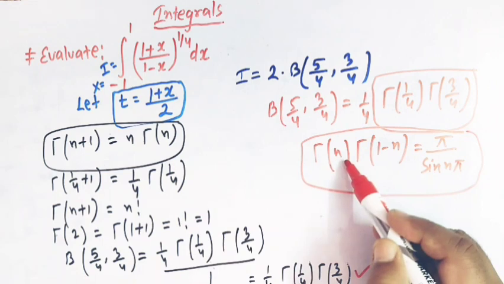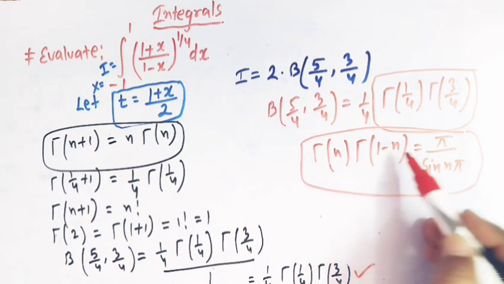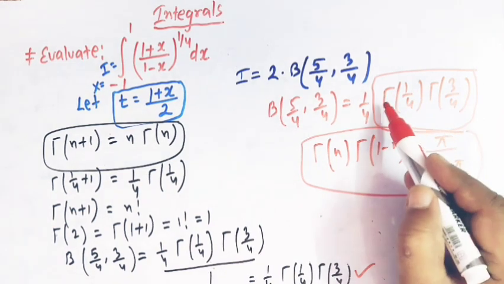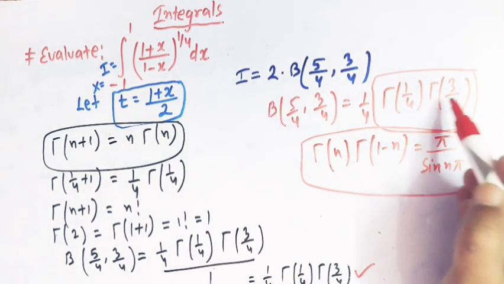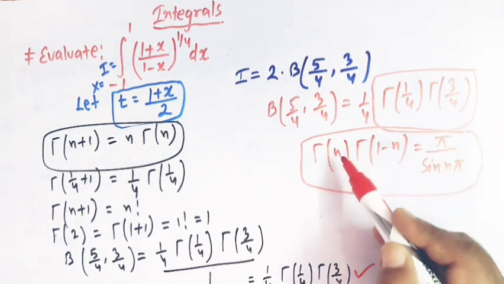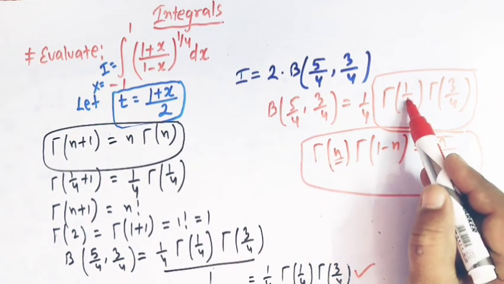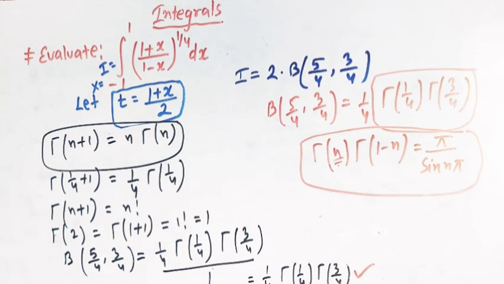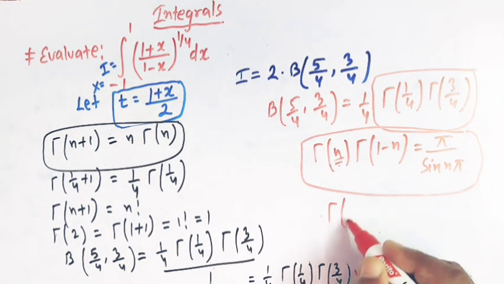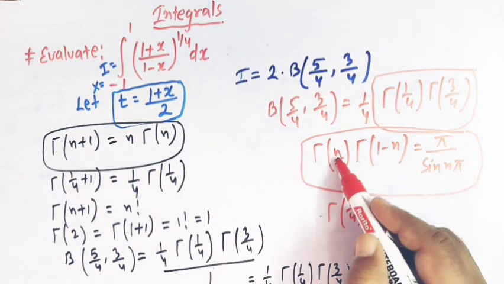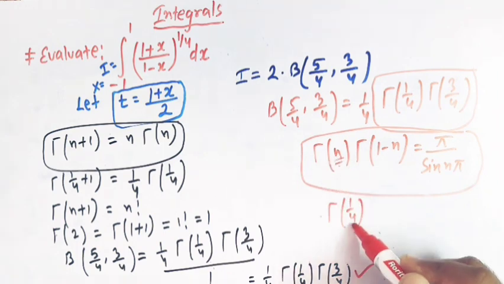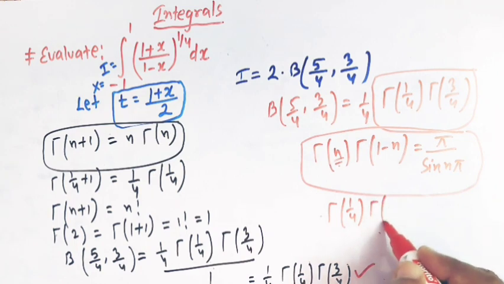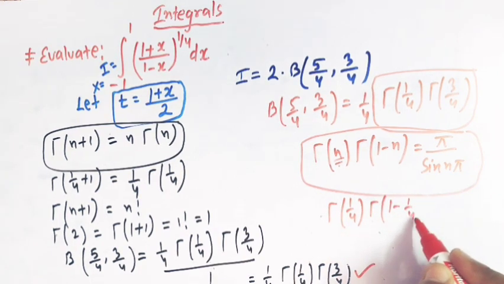And here we have gamma(1/4) gamma(3/4), right? So if we take n equal to 1/4 in this expression, then we get gamma(1/4), and then gamma(1 − 1/4), right?